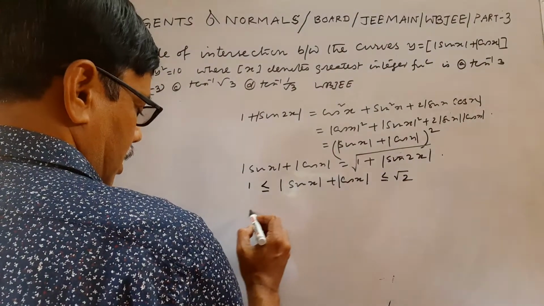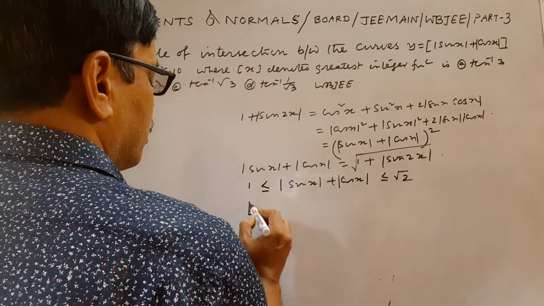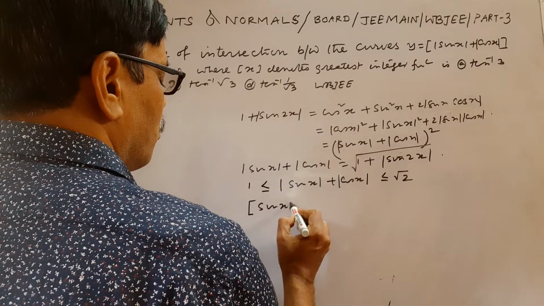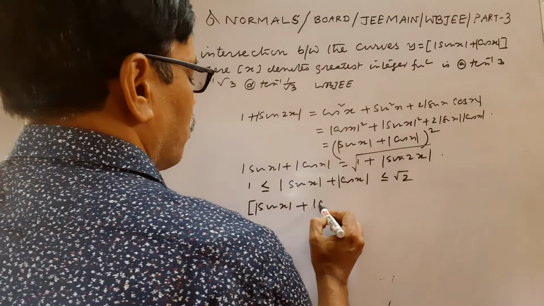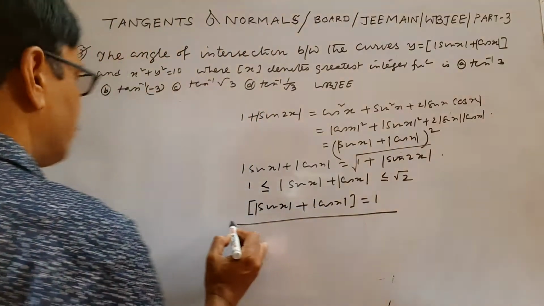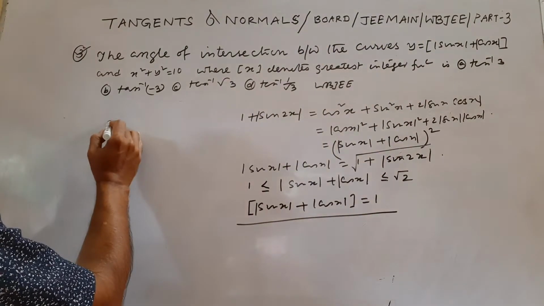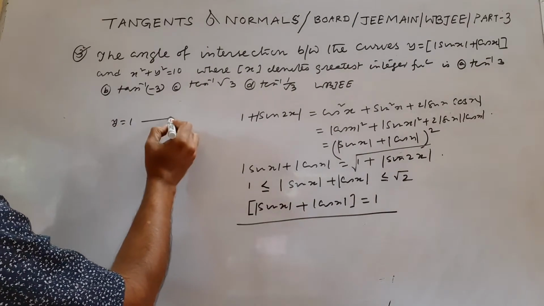So what is the greatest integer? So from 1 to root 2, the greatest integer function of mod sin x plus mod cos x equals 1. So the first curve reduces to y equals 1.